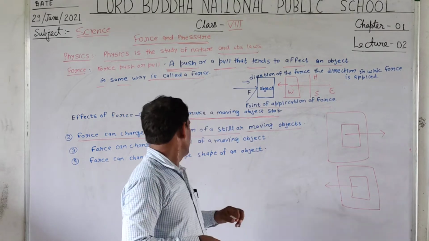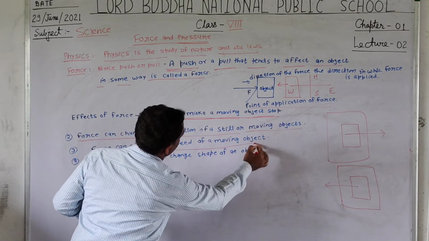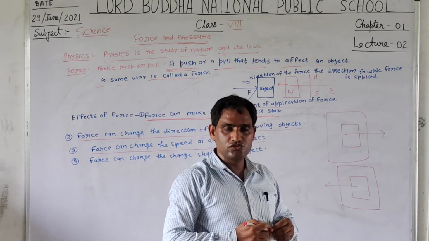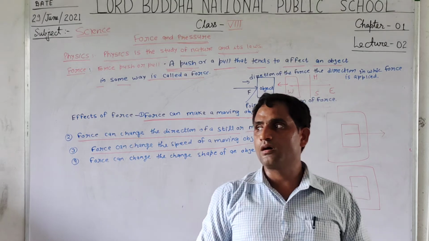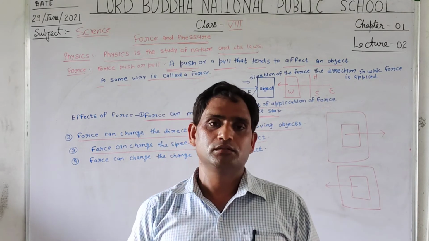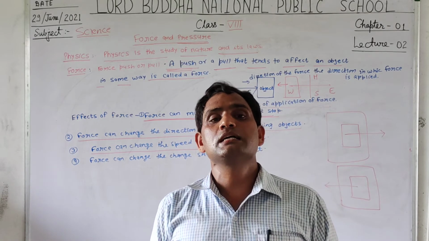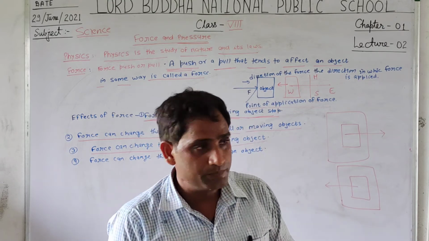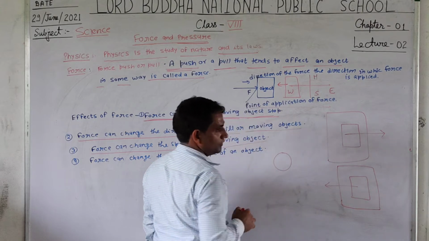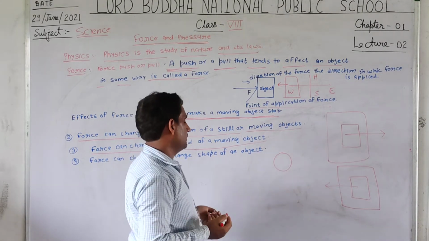Third, force can change the speed of a moving object. This means the force can bring an object into motion which was earlier at rest. For example, a stone lying on the ground is in the rest position.